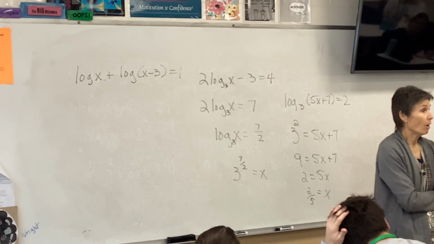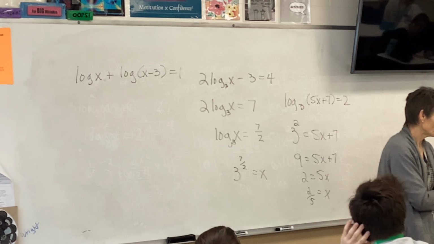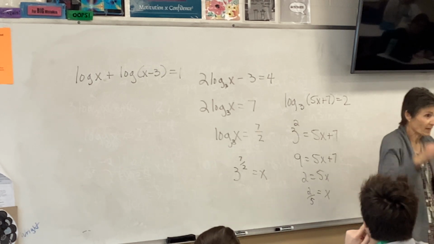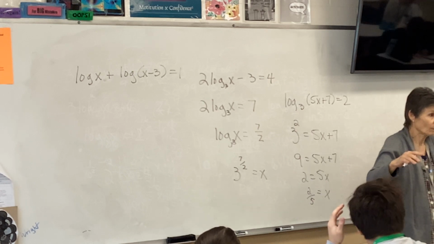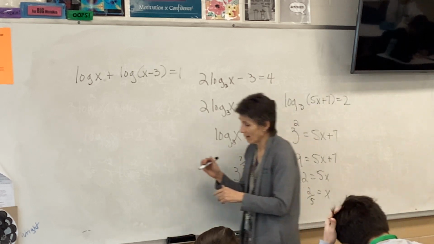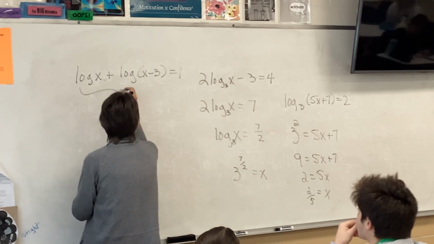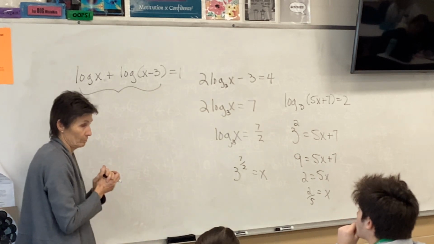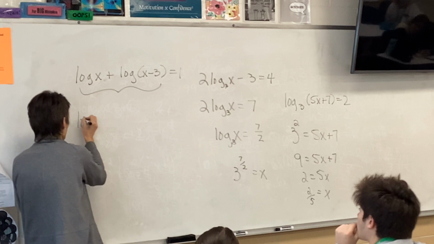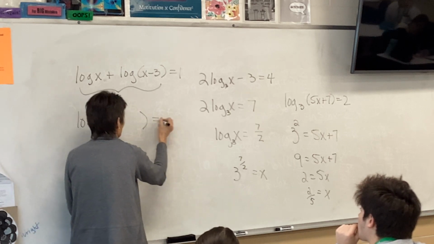Think about it. All of these problems we've been doing, haven't we log rolled? You can't log roll if you've got log and log. That's not possible. So we have to somehow put these two together into one logarithm.